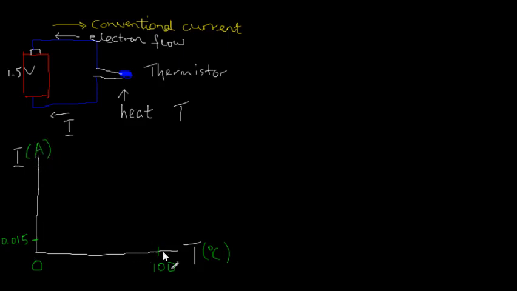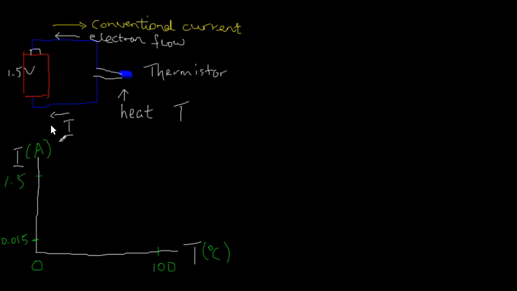Okay, and as we warm up the thermistor, as the temperature increases towards 100 degrees Celsius, you would find that when we measure the current, the current increases until the temperature reaches 100 degrees Celsius, when the current might go up to say 1.5 amperes.